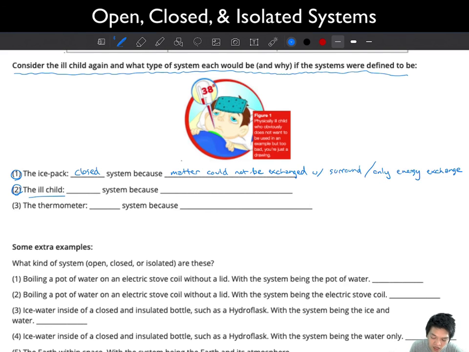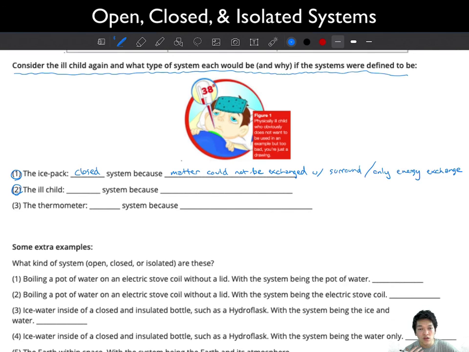The second example, we have the ill child as the system. If the kid is the system, is the focus, and everything else is surrounding, what was able to exchange? Well, energy was able to exchange because the kid loses that heat or transfers that heat into the ice pack, right? So energy is exchanged with the surrounding. And also the kid was breathing, releasing carbon dioxide into the surrounding and breathing in oxygen from the surrounding as well.